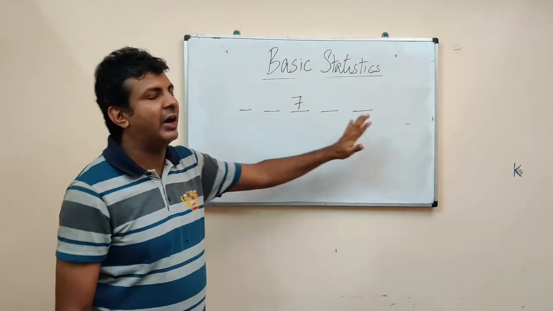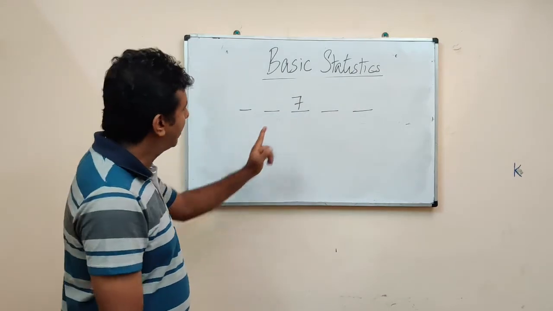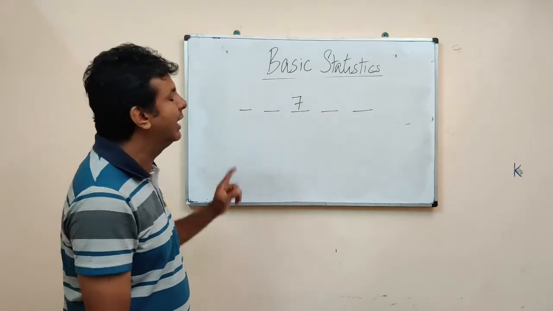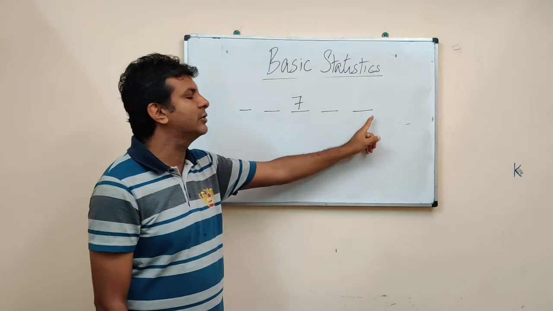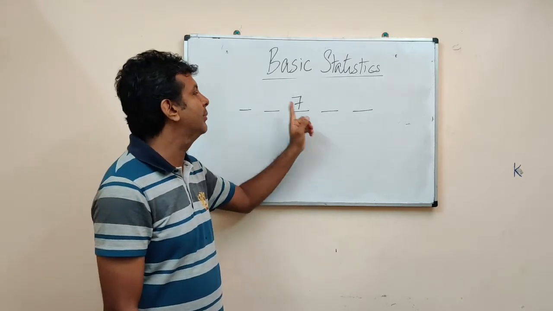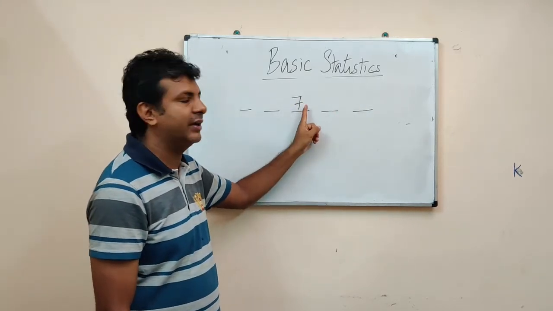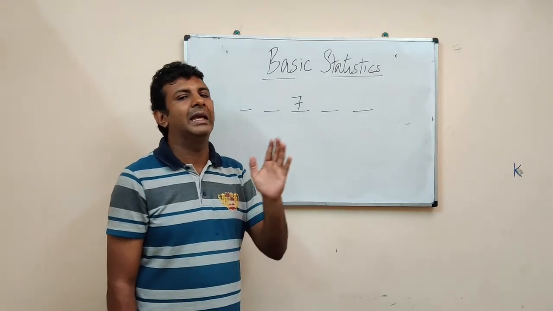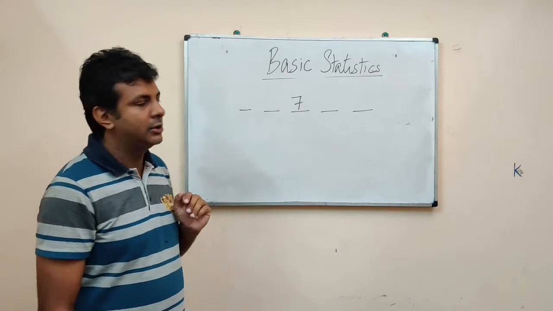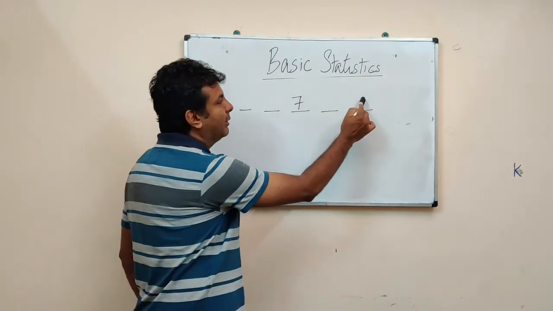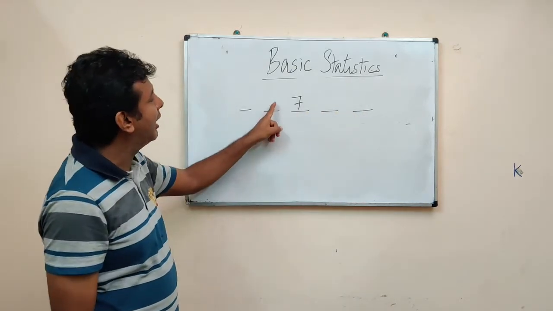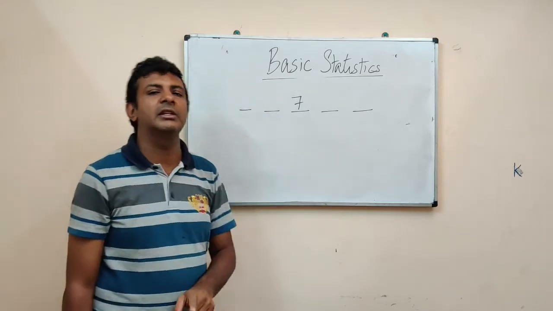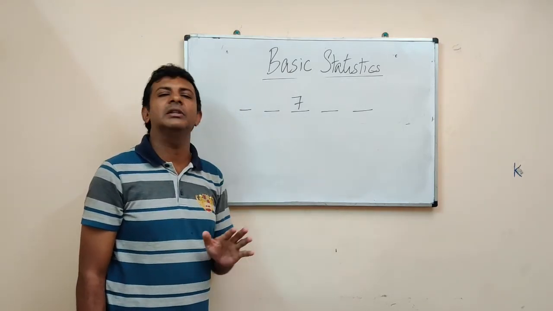So can it appear 5 times? No. Why? Because the median value is 7, and the 2 values after the median have to be higher than 7 and the 2 values before the median have to be less than 7. So 1 cannot come here and here. Now can 1 come in one of these places? Then it ceases to remain as the mode. So what does that imply?